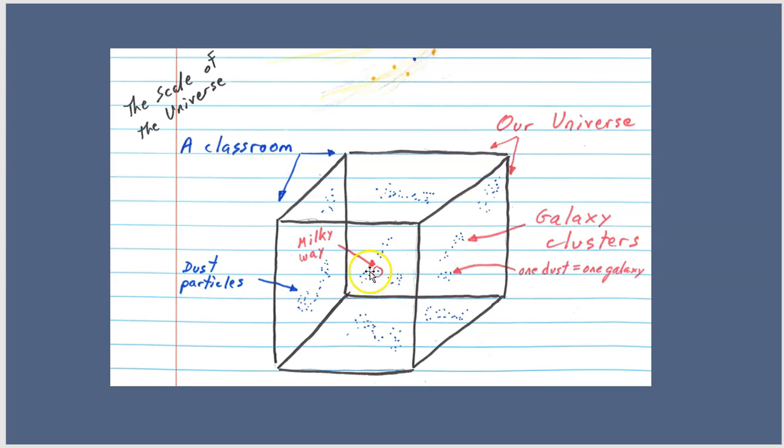So our Milky Way Galaxy then would be a tiny little dust particle. And of course, one room would have billions and billions of dust particles. Scientists estimate hundreds of billions of galaxies in our universe. Again, if the universe was the size of a classroom, our galaxy would be a tiny dust particle.